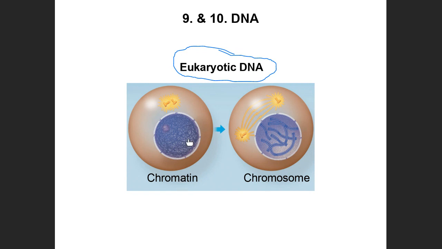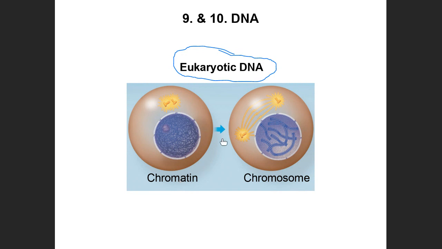The DNA is described as being diffuse, spread throughout, or another way you can say it is when a cell is not physically dividing into 2 cells, the DNA is loosely packed, taking up the entire nucleus. Whenever the DNA is diffuse, spread out, or loosely packed, we refer to it as chromatin. So you can think of chromatin as DNA that's very relaxed, diffuse, or spread out, or loosely packed. Okay?